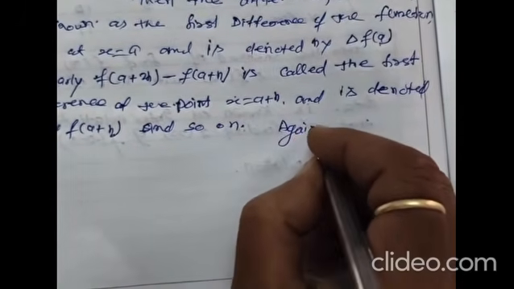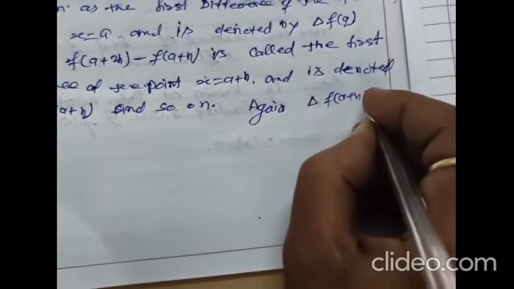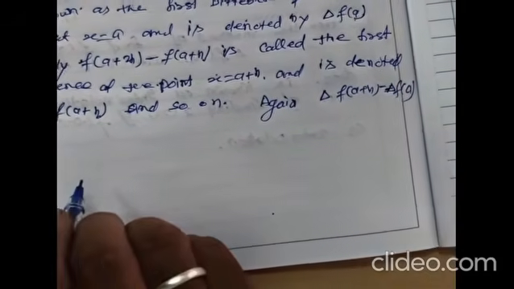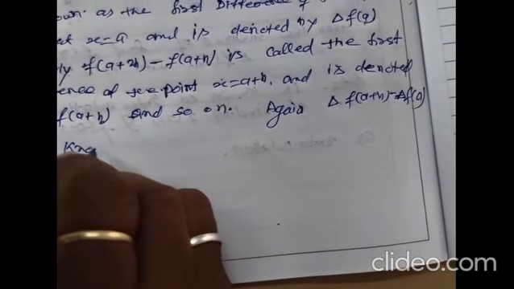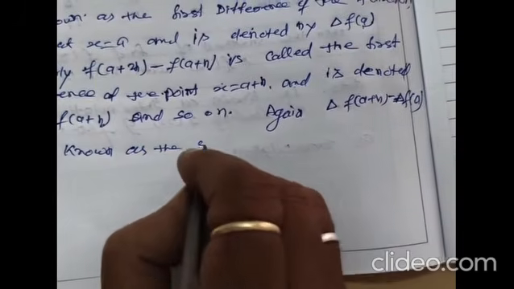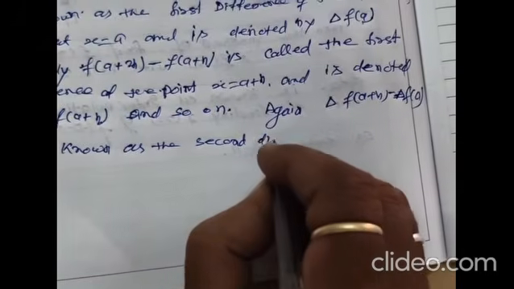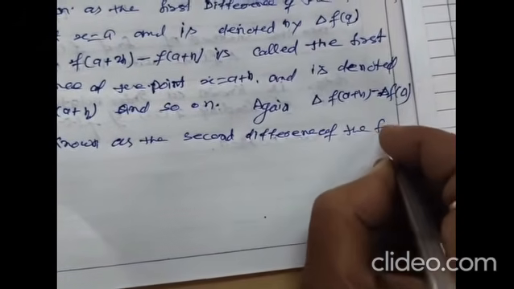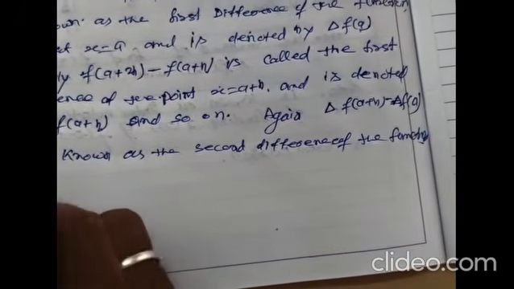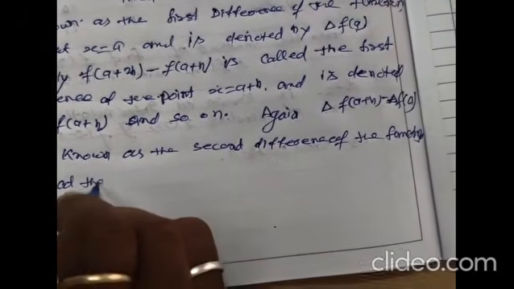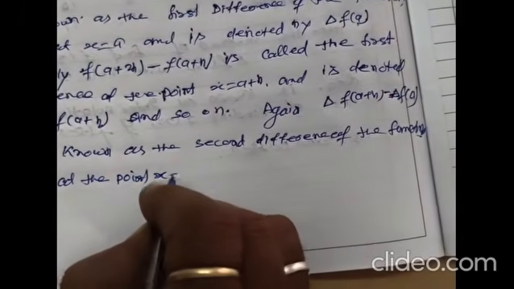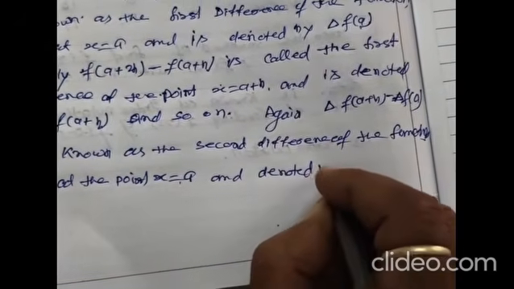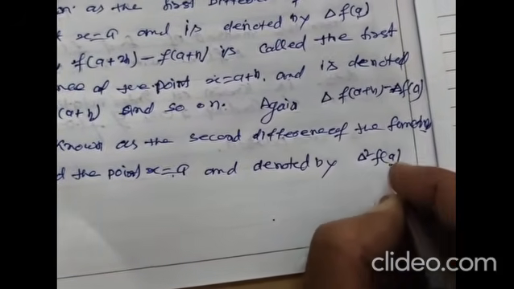Again, del f(a plus h) minus del f(a) is known as the second differentiation of the function f(x) at the point x is equal to a, and denoted by del square f(a).